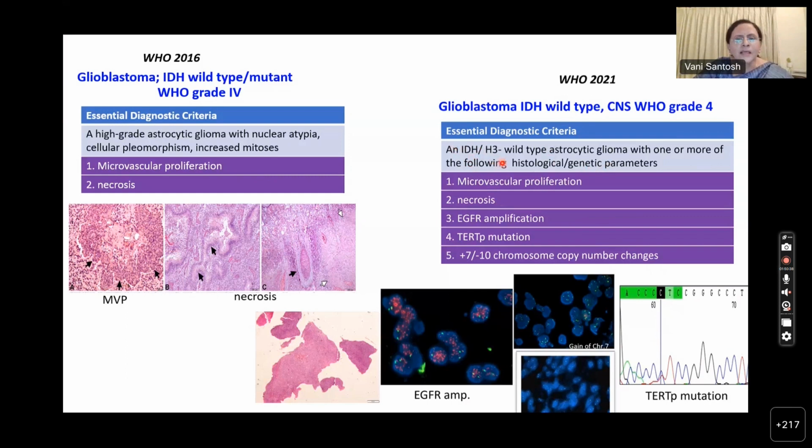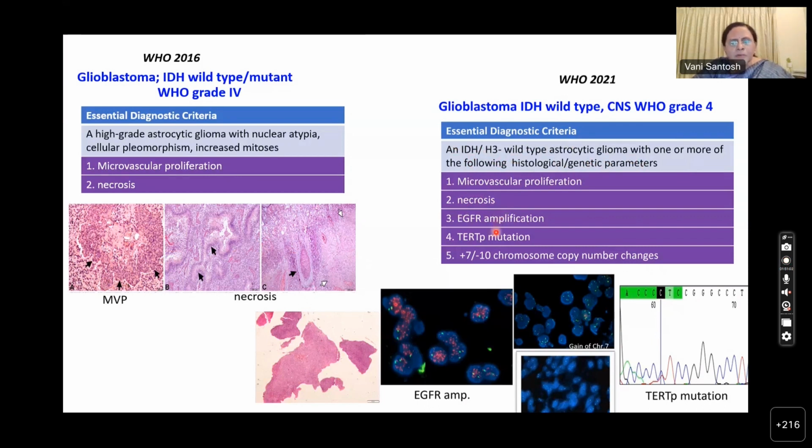So the essential criteria is that it's IDH, and H3 histone also, wild type, with one or more of these histological and genetic parameters. If we have one of these two features or both, looking like this, then sure shot it is glioblastoma. But it may look like a grade 2 or grade 3 tumor histologically.